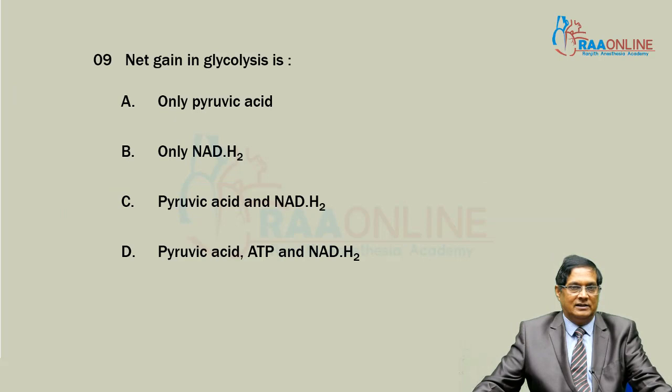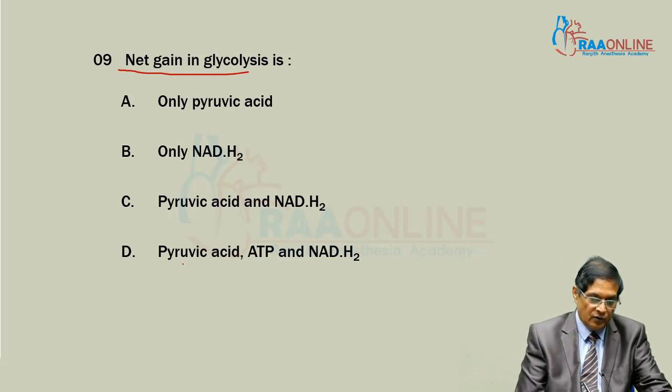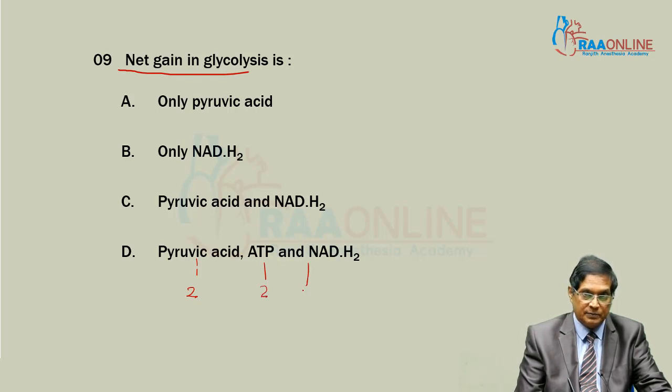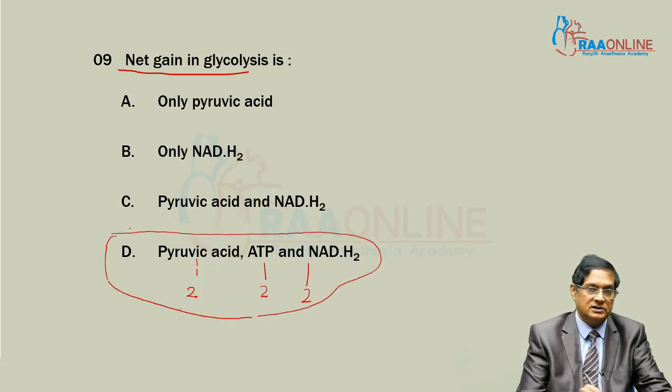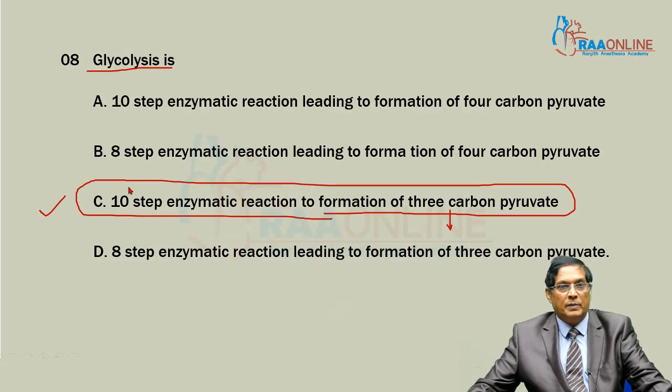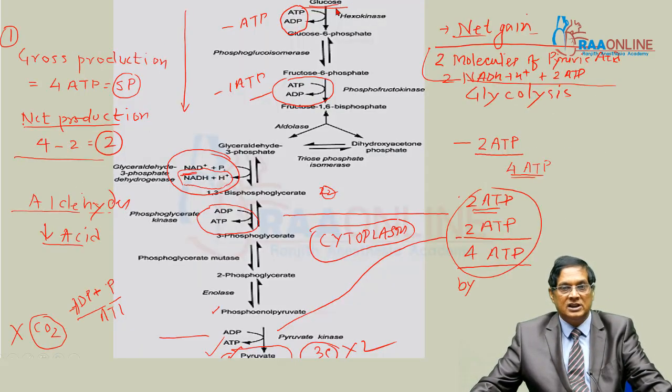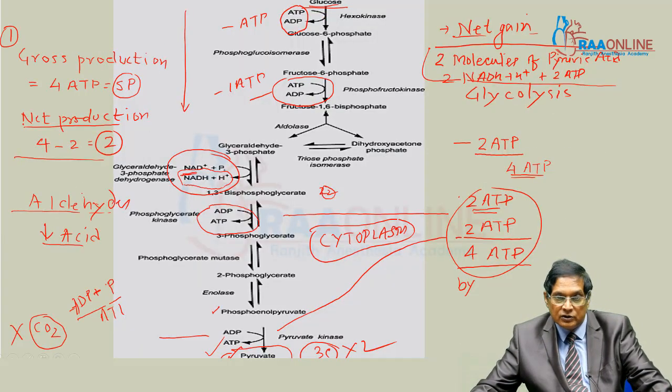The net gain in glycolysis is everything that is formed. I have already mentioned pyruvic acid, 2 molecules, ATP 2, NADH plus H 2. This is the net gain of glycolysis. You can also check by this reaction: glucose, a 6 carbon compound, is converted into pyruvic acid, a 3 carbon compound.